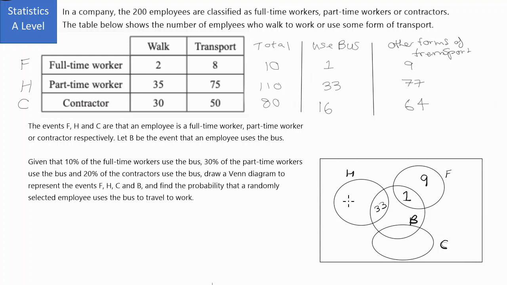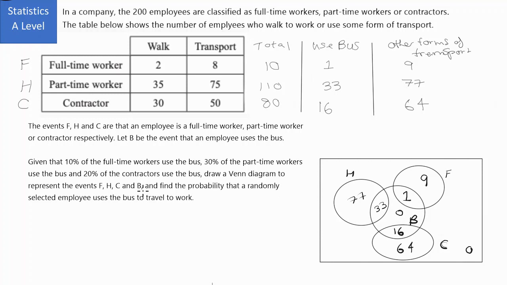And then the leftover is 77. Contractor who takes the bus is 16. And other forms of transport for contractors is 64. And now that's everyone in the company. So outside here we can just write a 0. There's no other options. But also in here we need a 0 as well, because you can't take the bus unless you're a full-time worker, a part-time worker or a contractor in this scenario. So you need another 0 in the middle.